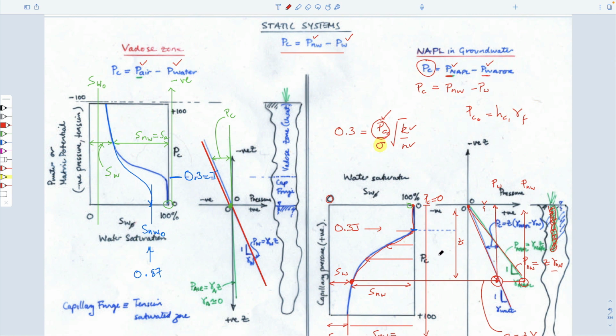If we are dealing with these, we can use the same terminology in both. It's just that we're swapping the fluids. So in one case, we're looking at a NAPL in this case, and in the other case, we're looking at the vadose zone, which is this.